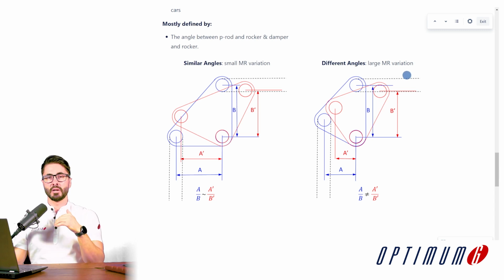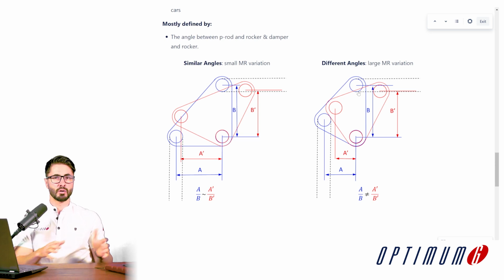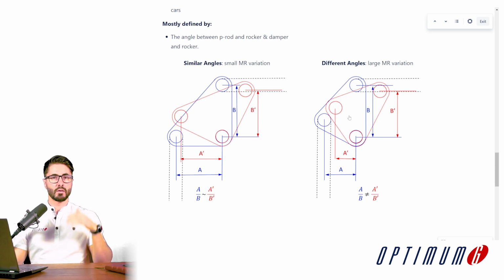The other case where we have a larger motion ratio variation, look at what's going on. Even though the angle of the coilover and these two pickup points is still similar to the one before, it is different compared to the angle of the push rod and these two other pickup points.